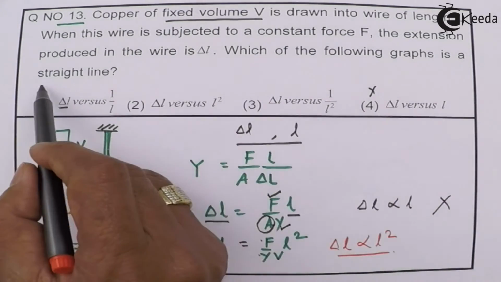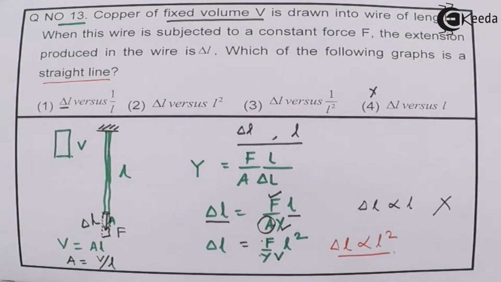Our question is to find the graph which describes the straight line path. Then this is actually parabolic. For a straight line, this should be your y and this should be your x. Whole thing you have to take. Therefore, the graph of delta L versus the whole of this is a straight line.